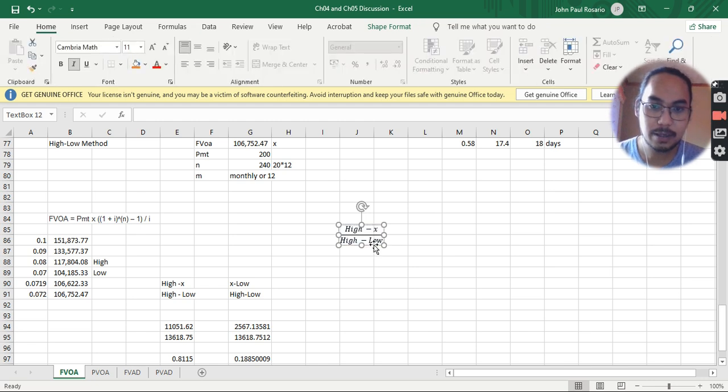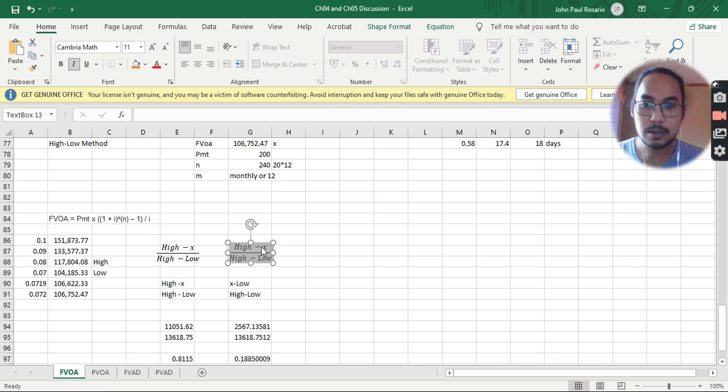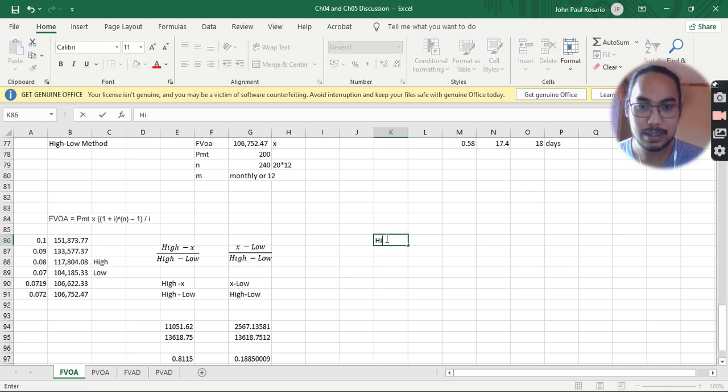Another variation for this one would be x minus low over high minus low. Okay? Some people actually use the letter E. So, high, x, low.